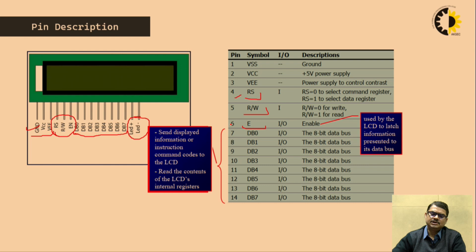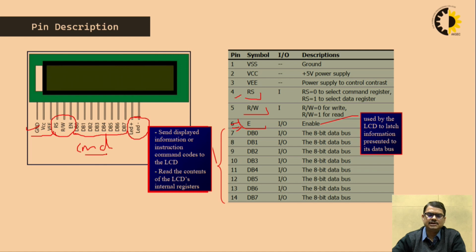The next important thing is the enable pin. Enable is a trigger point. For example, if we want to write something on the LCD, it may be a command. First, we will put that command onto the data bus. I can write it here as CMD.